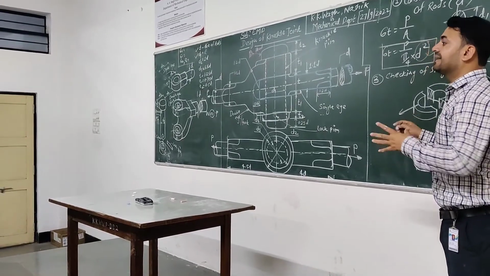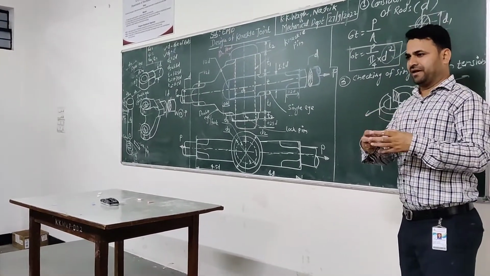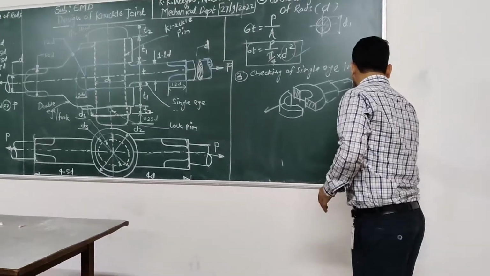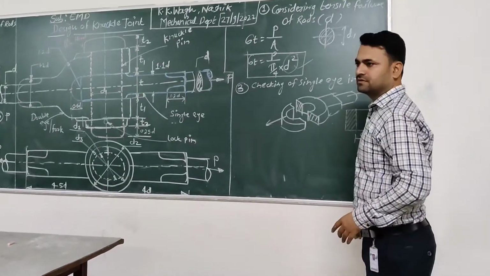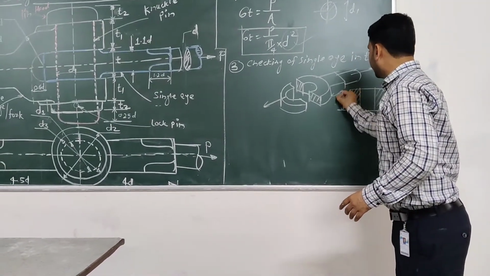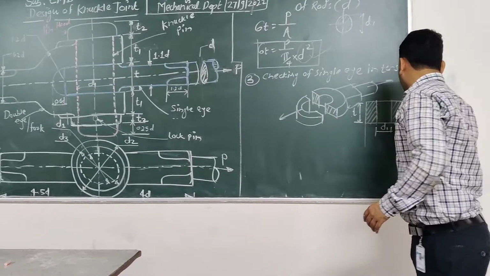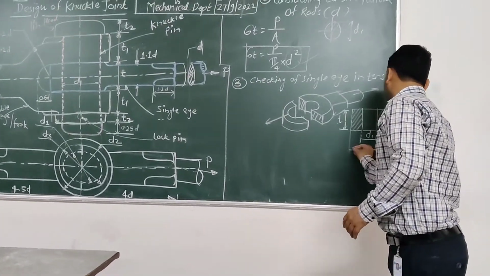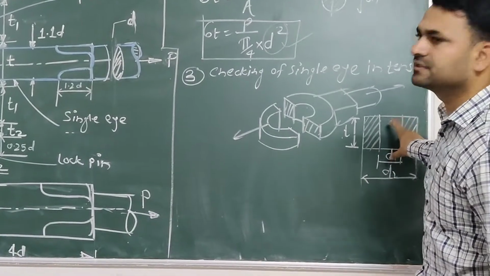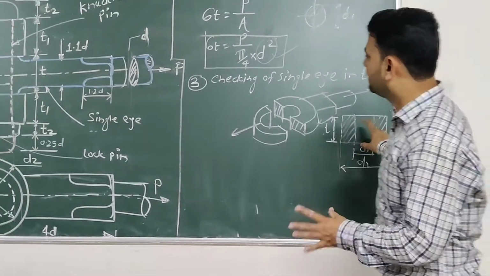Means the single eye will fail in tension, that we are going to assume. This dimension is equal to d1. Here this dimension will be t. And this outside diameter is d2. This is the 2D diagram. And which failure is there?